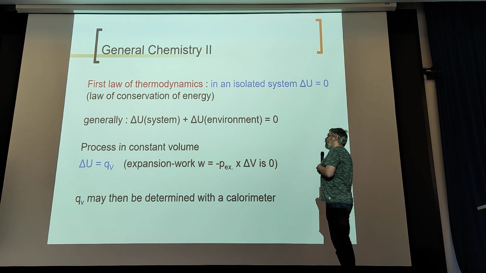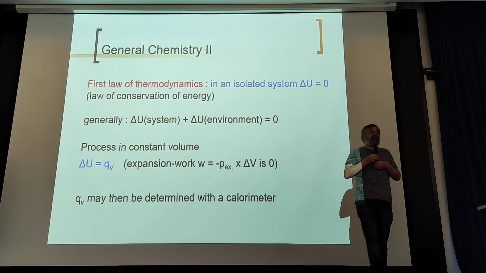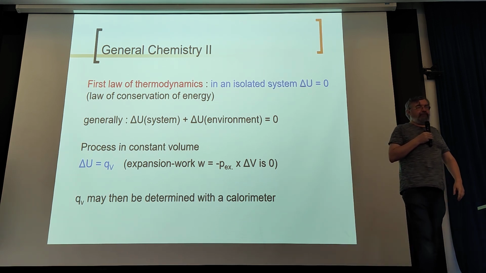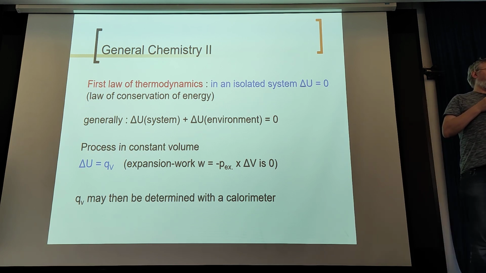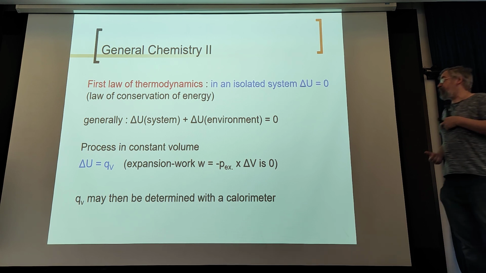Now, if we have processes which do not involve gases, or even if we have a gas and we keep the volume constant, then we don't have any expansion energy. Volume constant means it's a closed cylinder, it cannot expand. So no expansion energy.